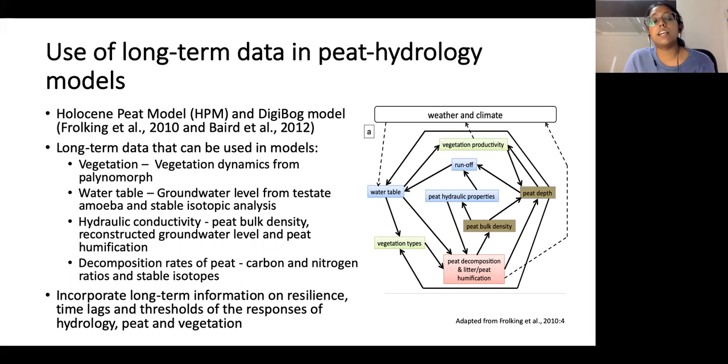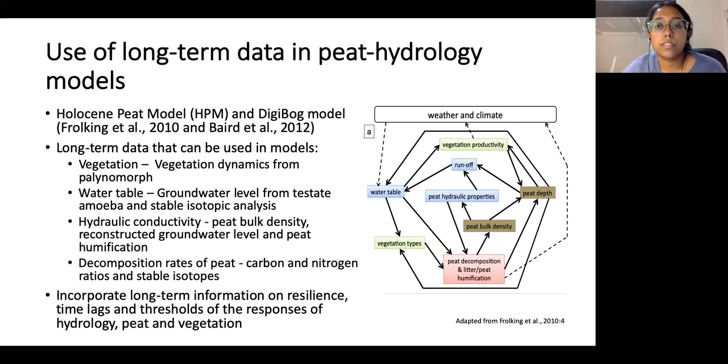And lastly, a lot of this long-term data can be input into peat hydrology models. There are many hydrology models, such as HPM, the Holocene Peat Model, and DigiBog, that have been used recently to try to project peat accumulation as well as groundwater level for future scenarios, whether it's degradation or restoration efforts.